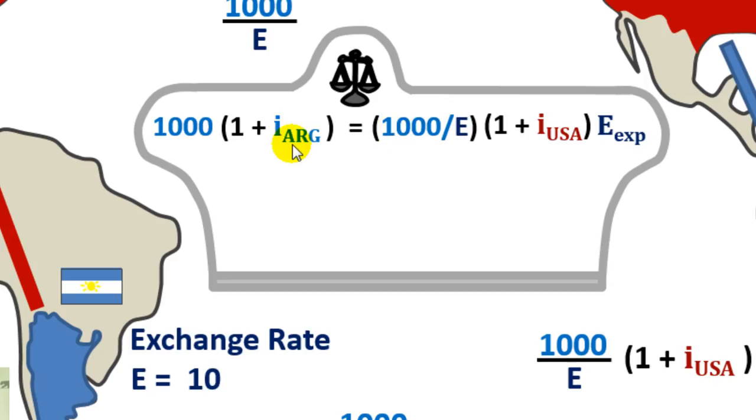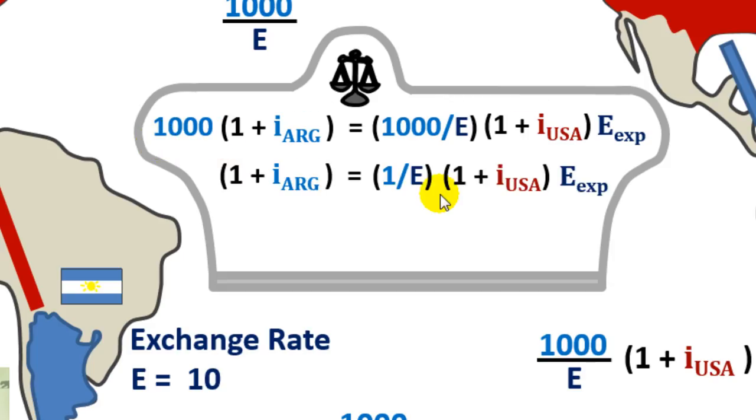So now we can divide by 1,000 both sides, and then we get this, and then we isolate this variable E, the exchange rate.